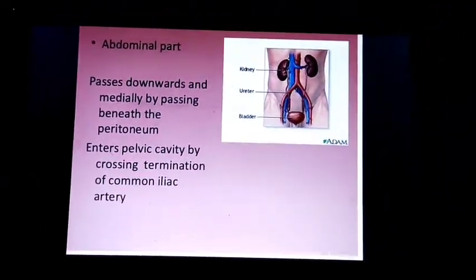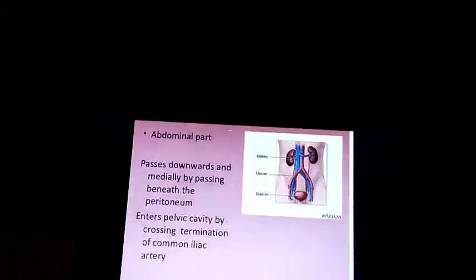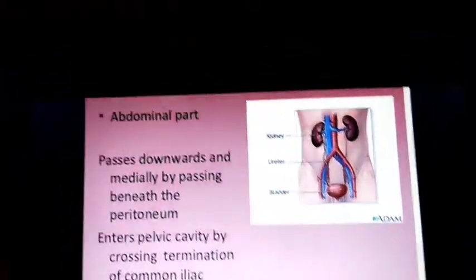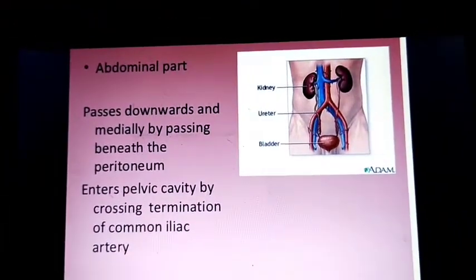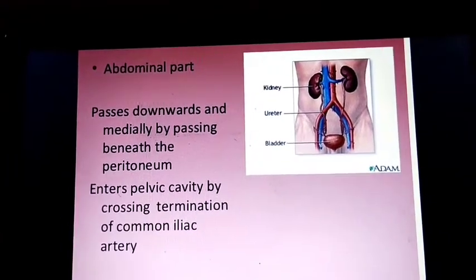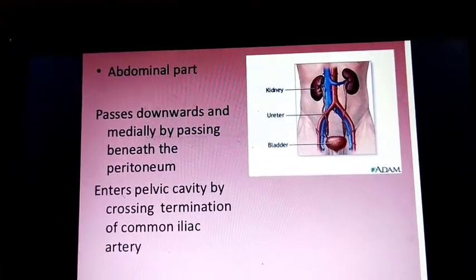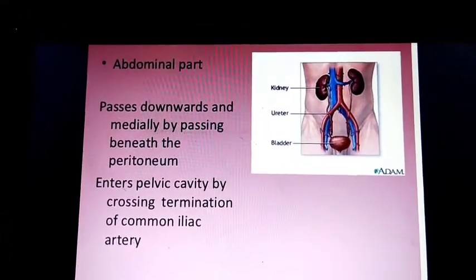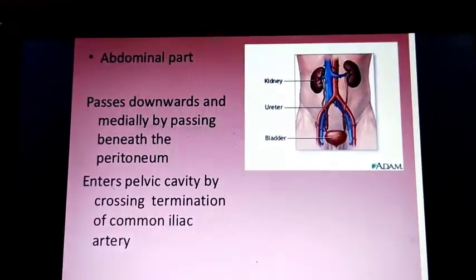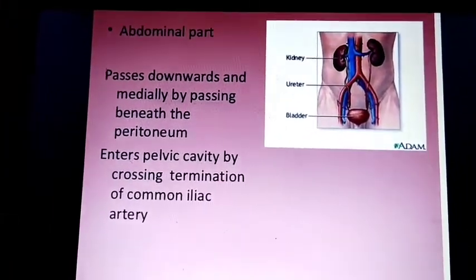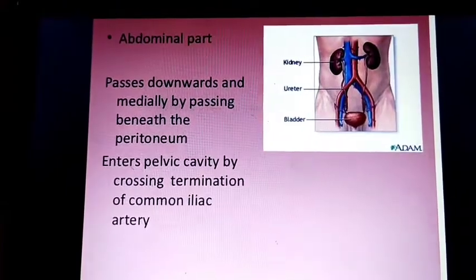By that we can understand that the length of the abdominal part and the length of the pelvic part of the ureter are almost the same. It passes downwards and medially beneath the peritoneum along the psoas major muscle, and enters the pelvic cavity by crossing the termination of the common iliac artery.